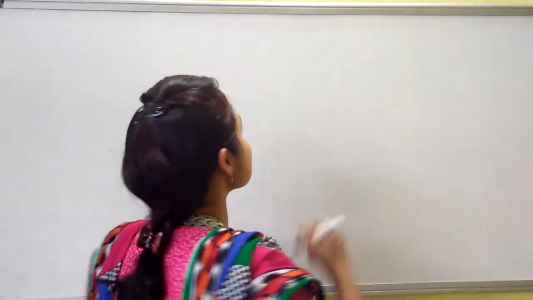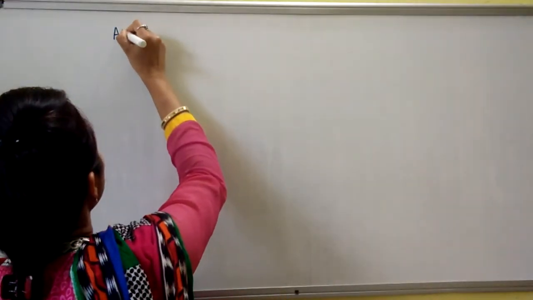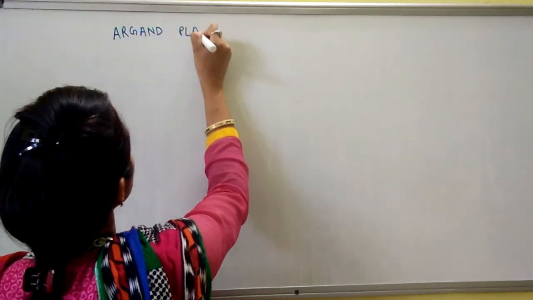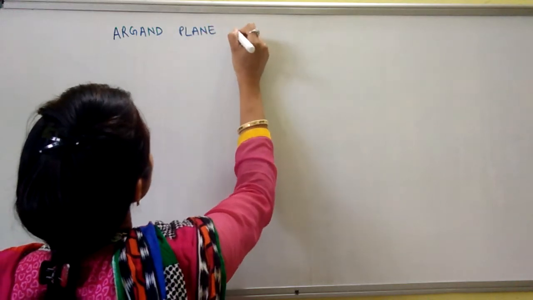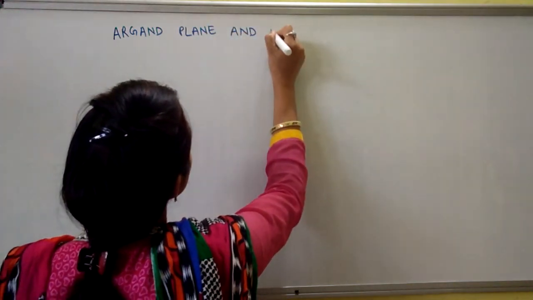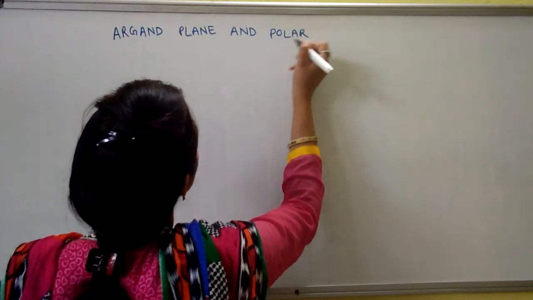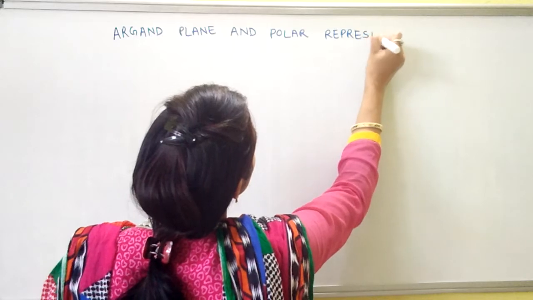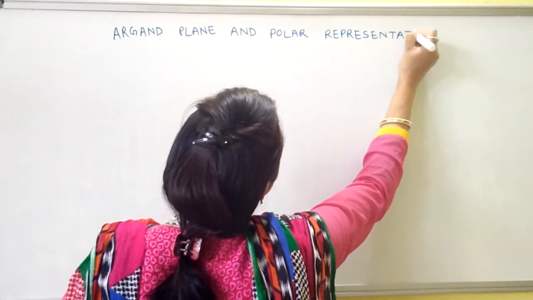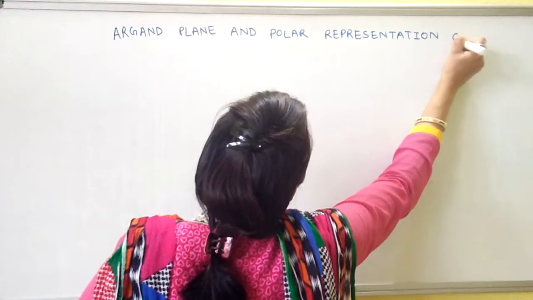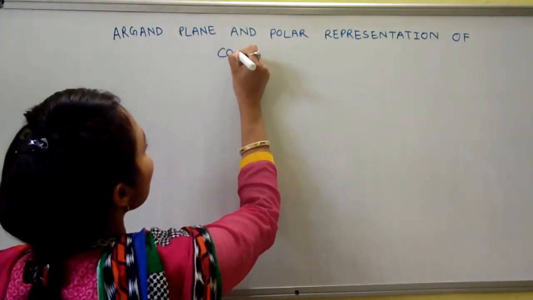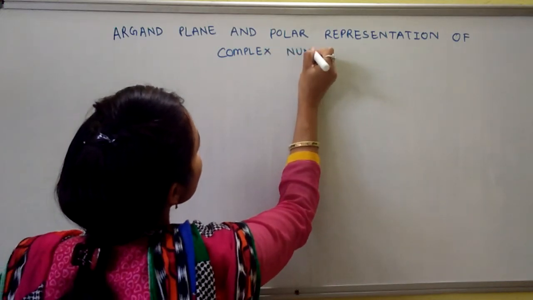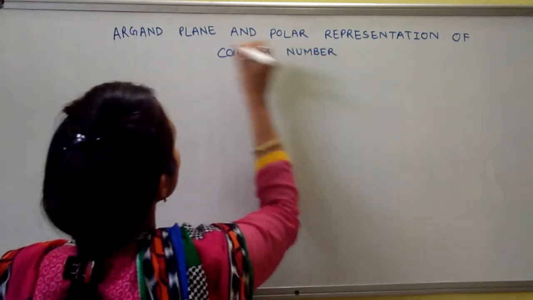So today my topic is Argand plane and polar representation of complex number. So how to represent the complex number in the polar form?